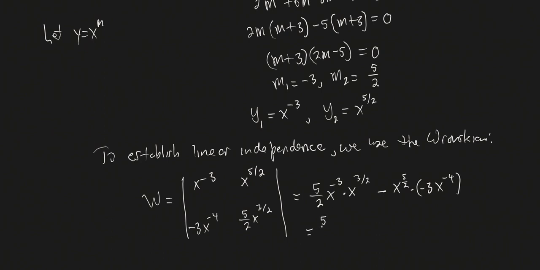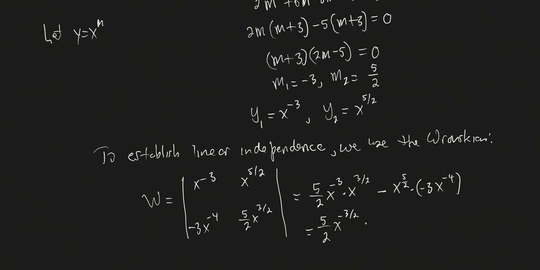Well, so we have 5 halves there, and then when I add these exponents, what happens? Negative 3 is negative 6 over 2, plus 3 over 2, so this is x to the negative 3 halves.